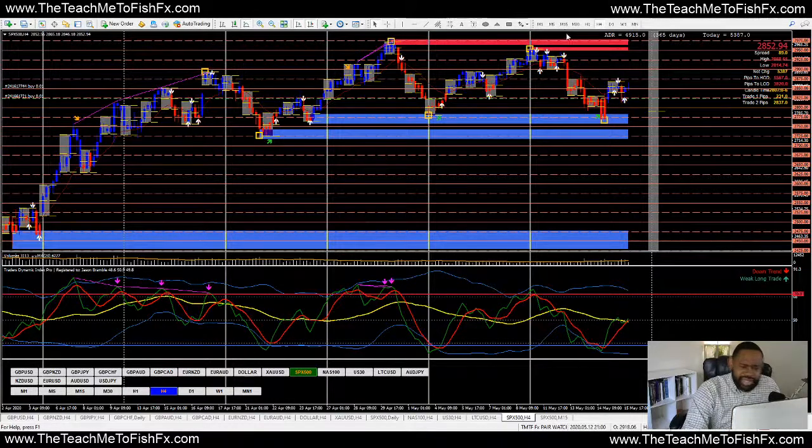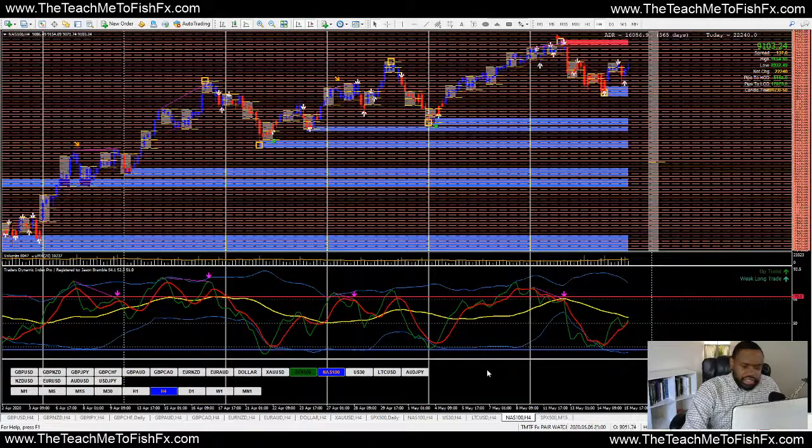But anyway, S&P 500 was at a point of exhaustion, and it very well could jump into a continuation trade here. So you just want to watch your price action. If you're familiar with price action, then you should know the signs that you're looking for to get into this trade. Let's take a look at the NAS 100.